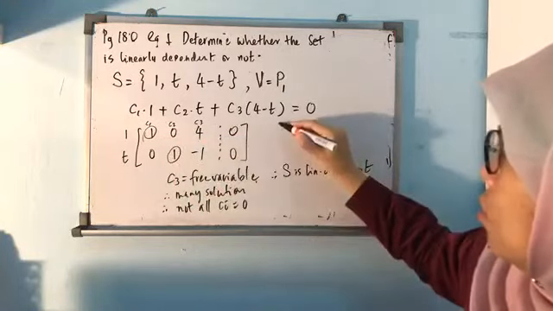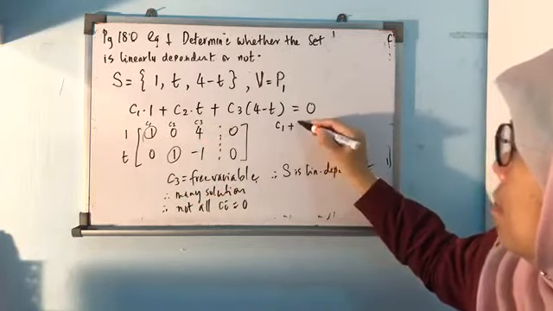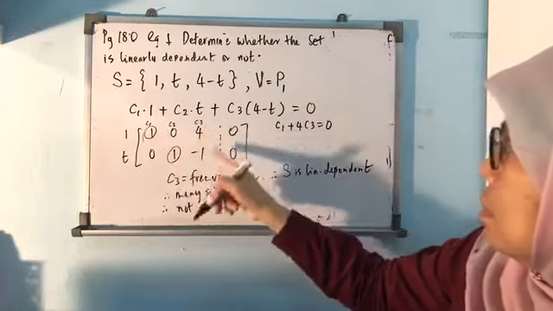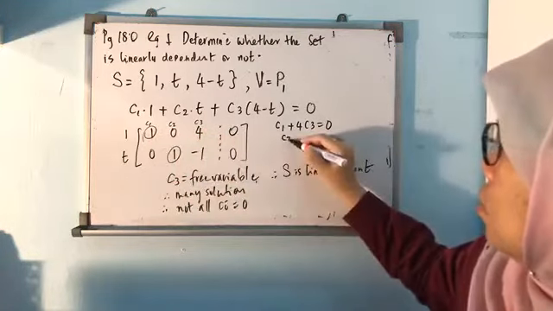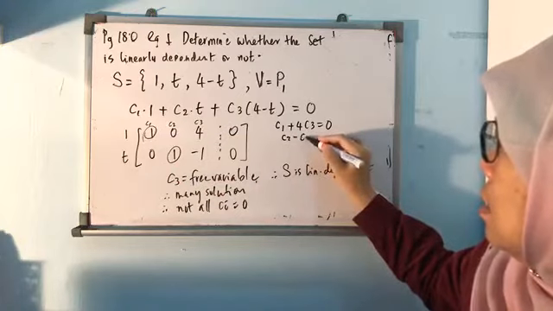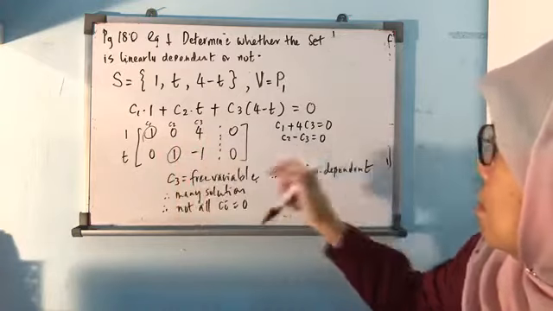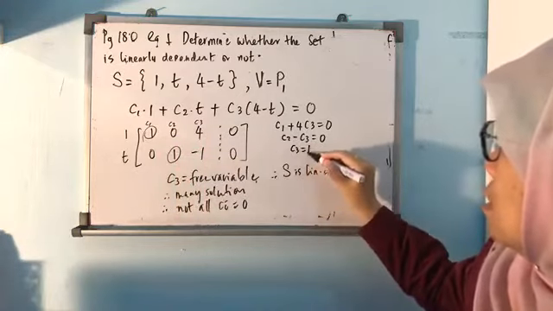So when you write out, you get C1 plus 4 C3 is 0. C2 minus C3 is 0, right? And C3 is a free variable.